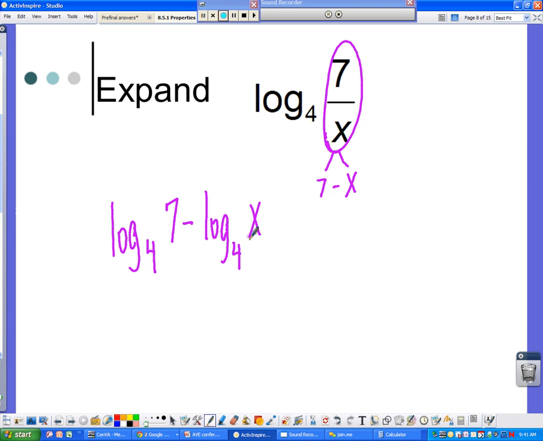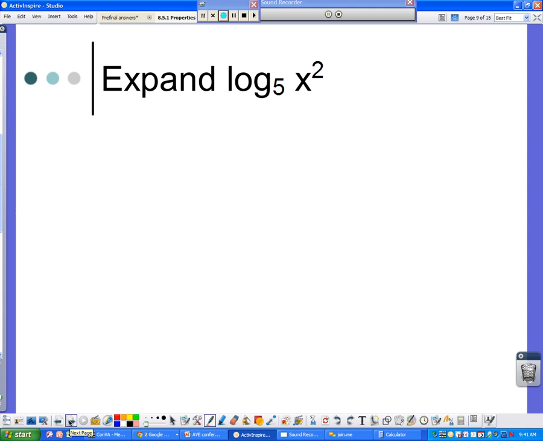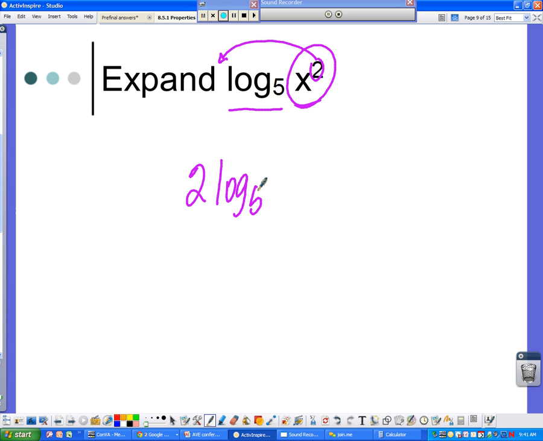The next one, we wanted to expand log base 5 of x squared. This just means we're going to write several logs if we need to. But remember, when I have an exponent, it just comes right out front. So it just ends up being 2 log base 5 of x.